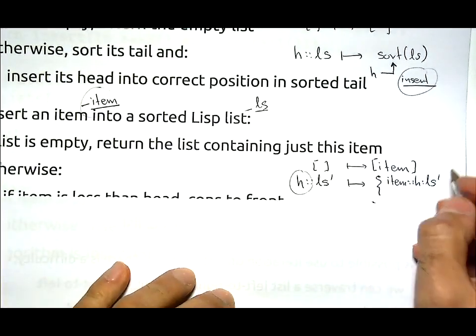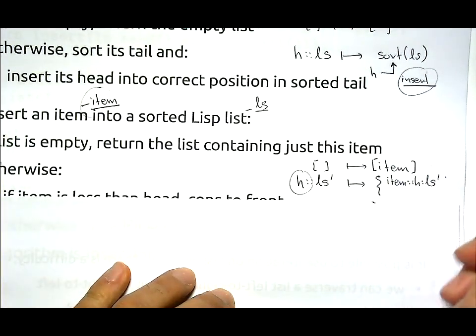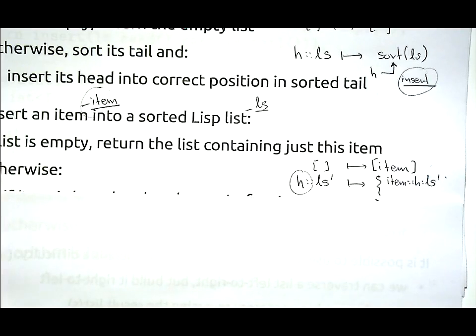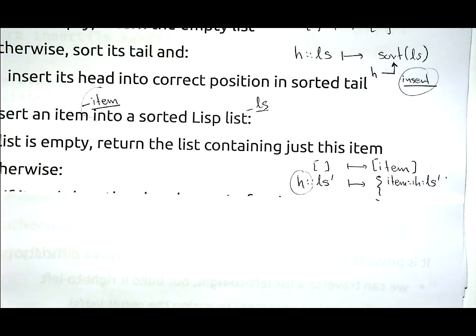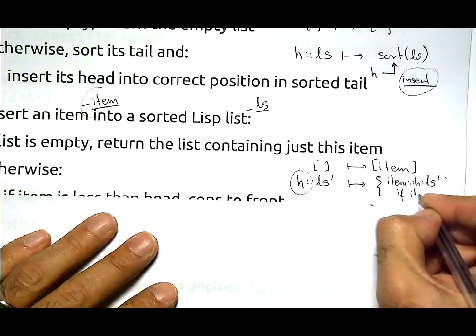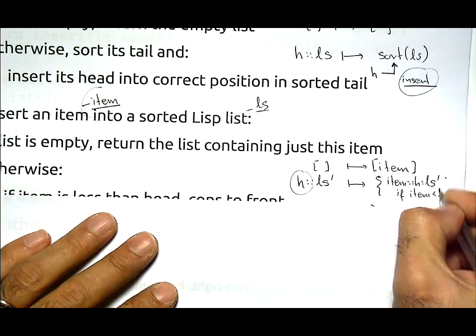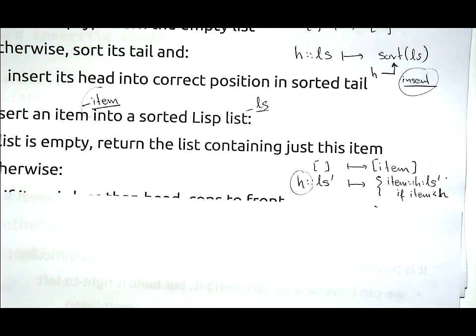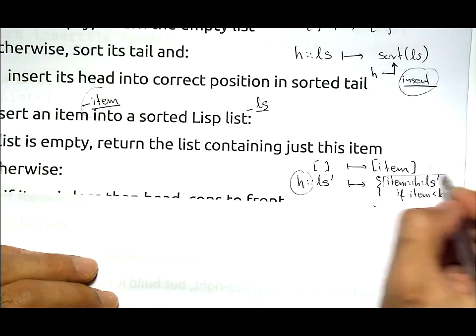So if item is less than head, I should return this.